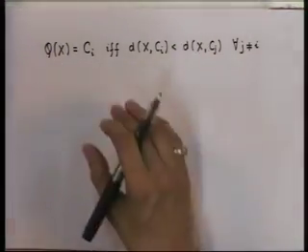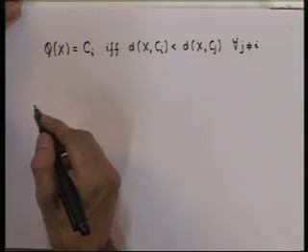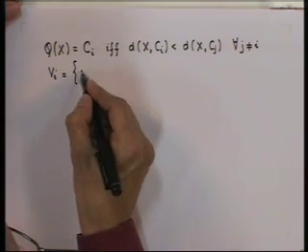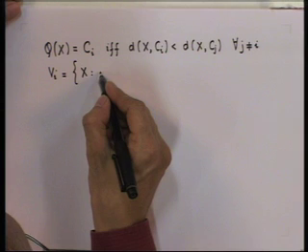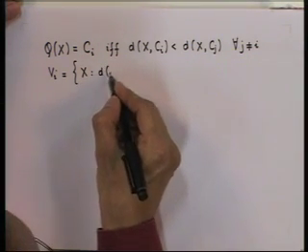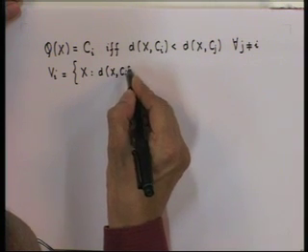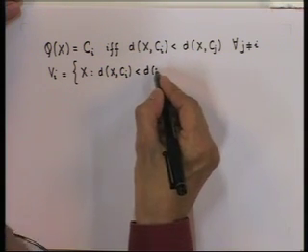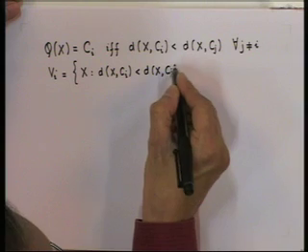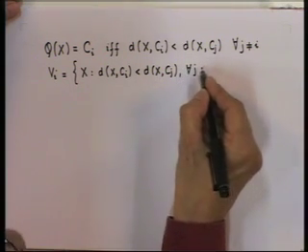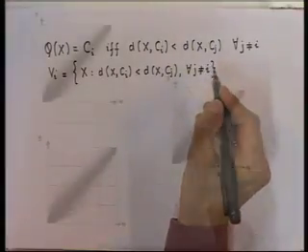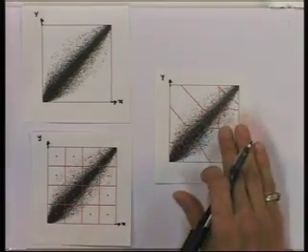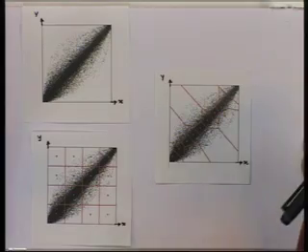And the quantization regions, that is Voronoi cells denoted by V_i, can be defined as consisting of all those source output vectors such that the distance between x and C_i is less than the distance between x and C_j for all j not equal to i.